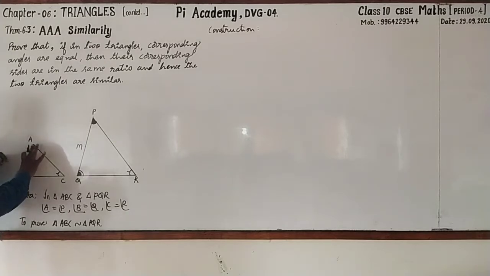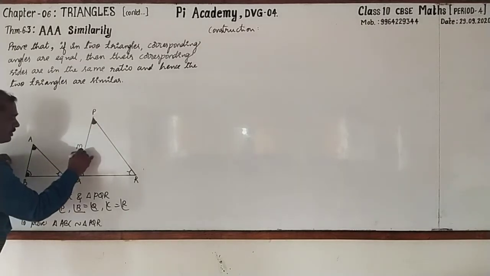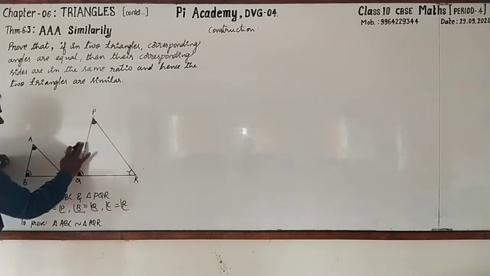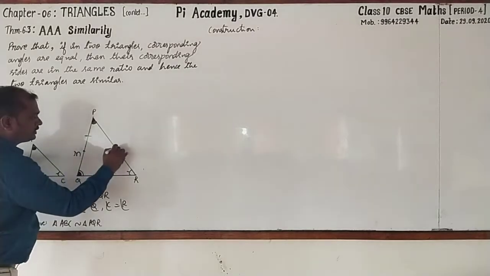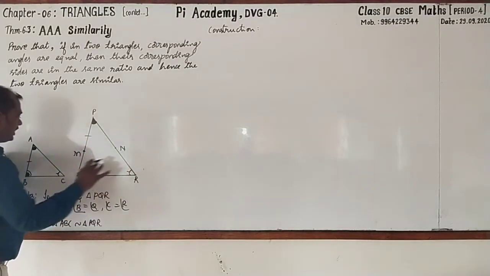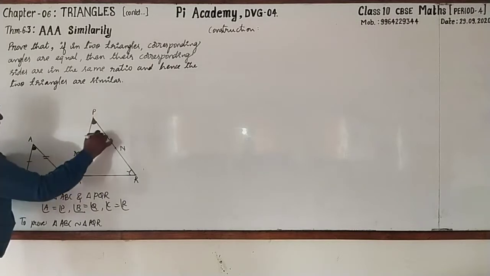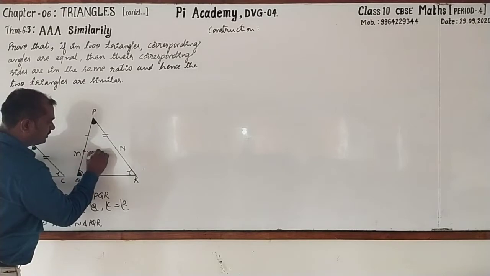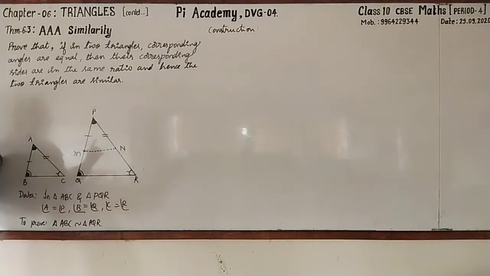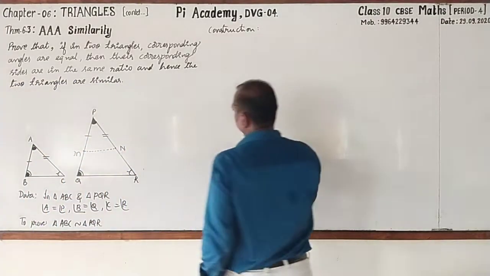Whatever the distance of AB is there, the same distance we have to mark it. So this is point M. Here I'll show PM equal to AB. Next, mark the point N on PR such that PN is equal to AC. Then join MN. Followed? So here I'll write that.